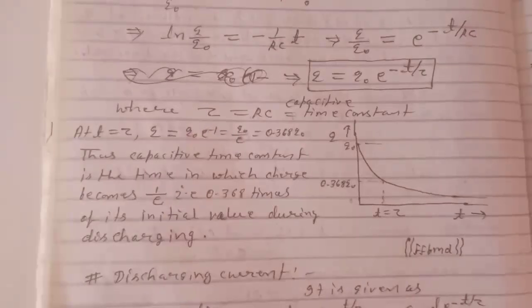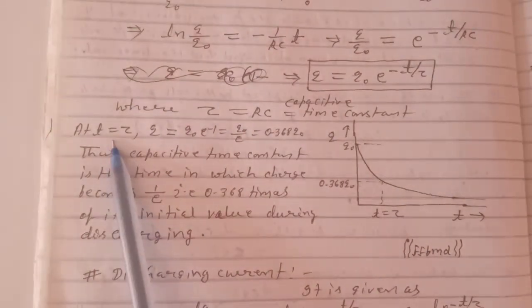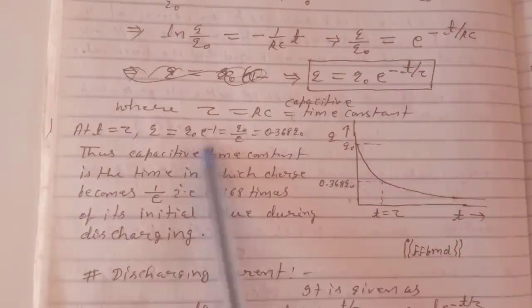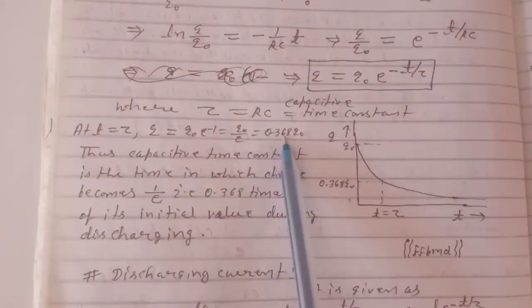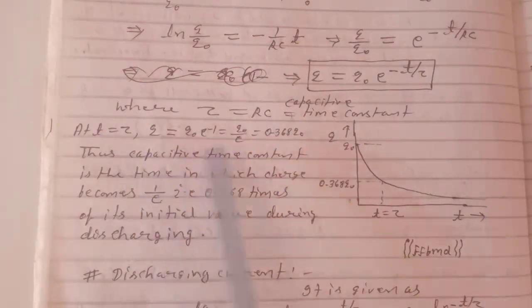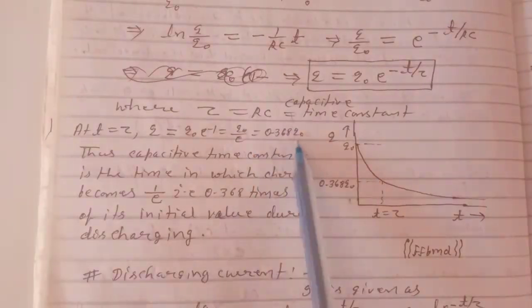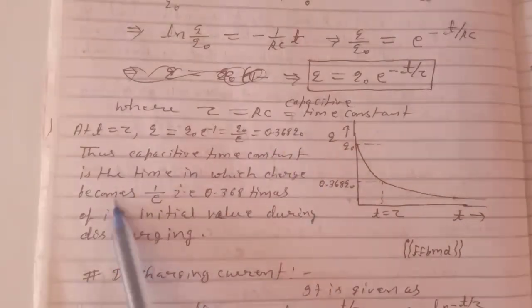Now at t equal to tau, that is, when time is equal to the capacitive time constant, q becomes q naught e to the power minus 1, equal to q naught by e, or 0.368 q naught. That is, in this time interval the charge on the capacitor remains at this fraction of its initial value, that is, 0.368 of q naught.